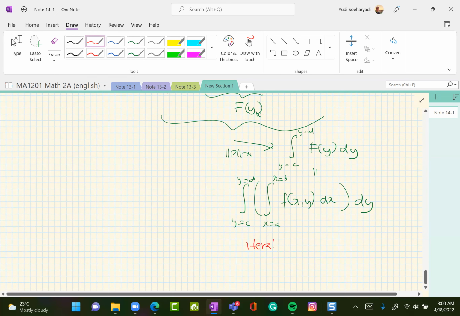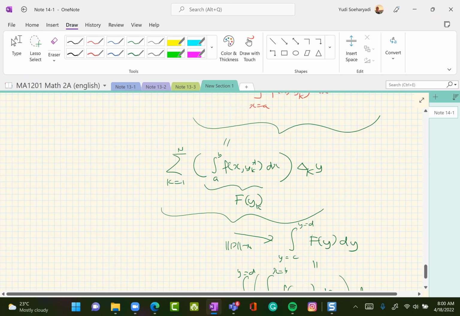Okay, because you do the integral with one variable first, and then the second variable. Okay, so similarly for the region R. Okay. So this is the iterated integral.